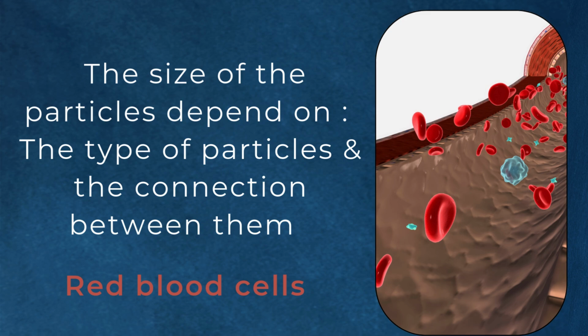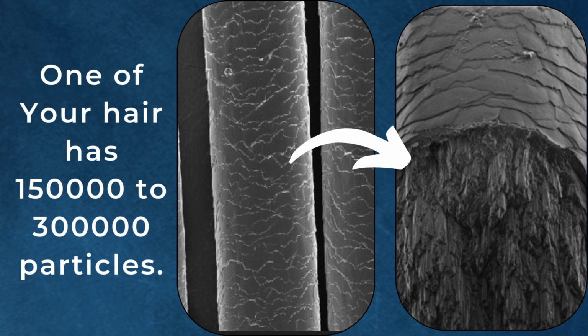Also, the size of particles depends on the connection between the particles. So we have two factors here that affect the size of particles: the type of particles and the connection between these particles, how they are held together. We have examples, as we said, like the red blood cells, and we have another example here.